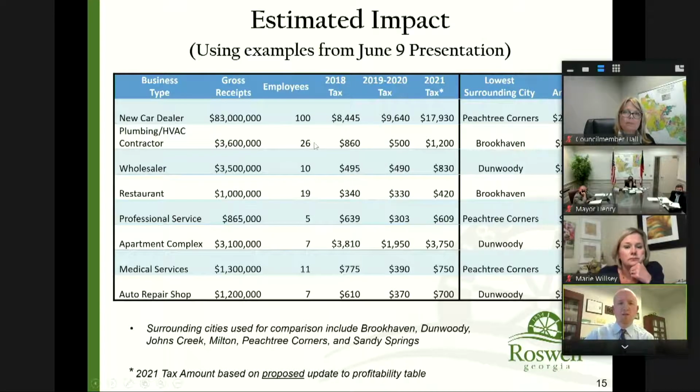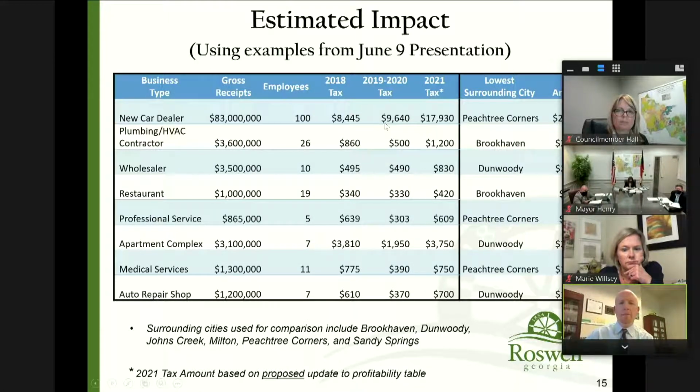Basically, this shows that for a new car dealer, on average, gross receipts of 83 million, 100 employees, in 2018 the tax would have been $8,445. That tax amount actually went up with the 2019-2020 renewal process, mainly because this type of business would have paid that per employee fee.